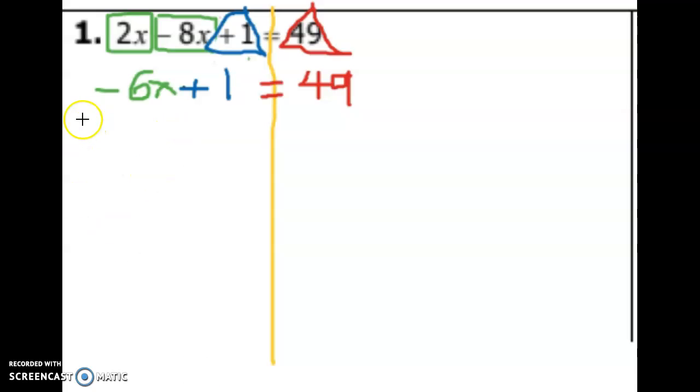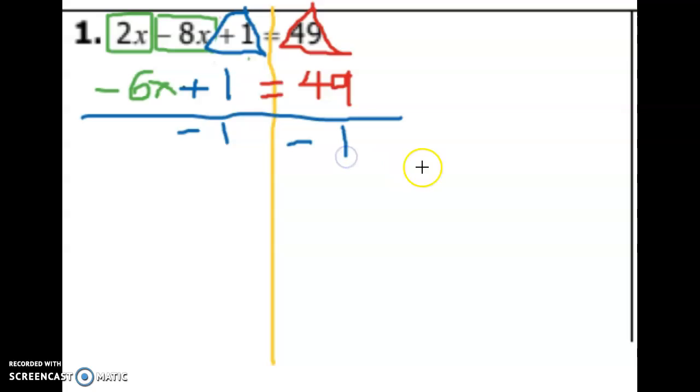Then the next thing I do is just draw a line here. And I'm going to move the 1 over to this side. Para hacer eso, para que tengo todos los números en un lado, necesito quitar el 1 de aquí. Y lo voy a quitar porque este es un número positivo. So I'm going to go minus 1, minus 1.